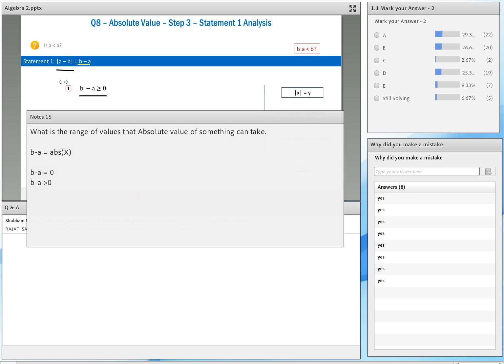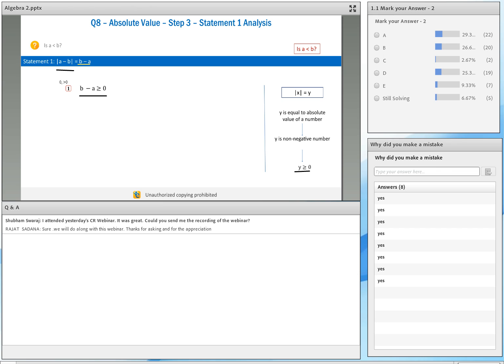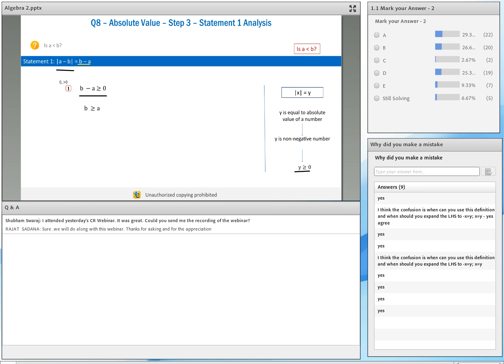Remember, the stuff outside the absolute value is B minus A. So in this case, what we're really saying is B minus A is either equal to 0 or greater than 0, which means that when it is equal to 0, B is equal to A. When it's greater than 0, B is greater than A. That's the only way B minus A can be greater than 0. Okay, so there are two conditions possible: B is equal to A or B is greater than A.